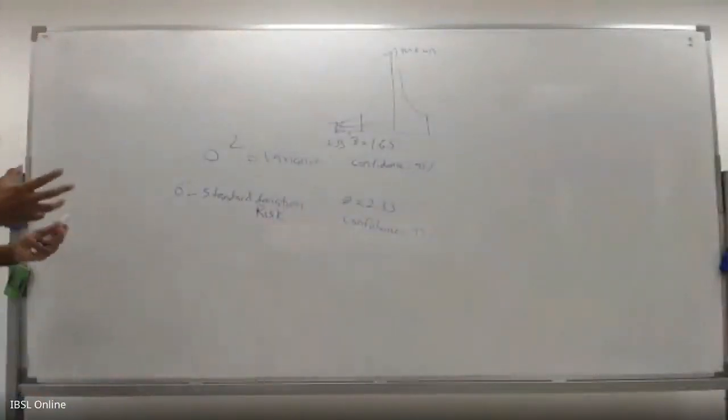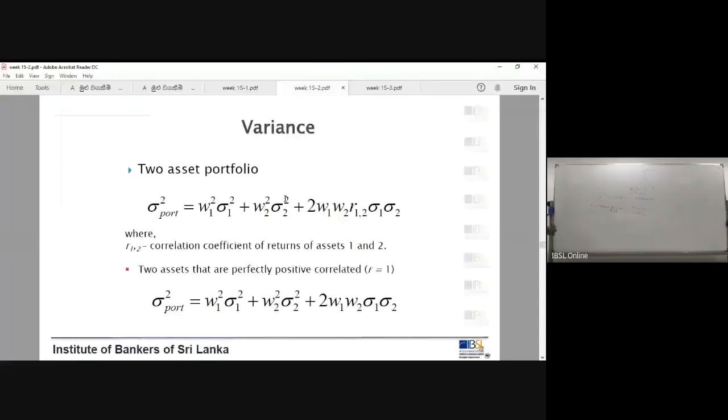Now, what happens if you combine two assets in a portfolio? How do you measure risk? If you have one asset, it's very easy. Standard deviation will measure risk. But when you put two assets together, the risk profile changes because each asset will have its own risk. Then how do you calculate the total risk of the portfolio? Using this equation.